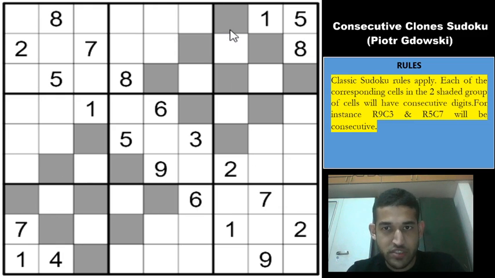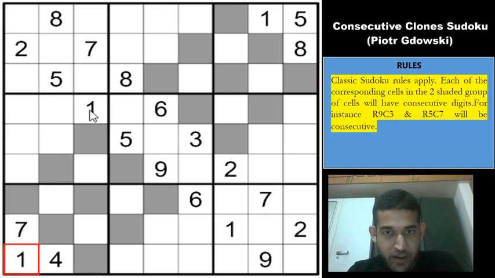So the rules state that the corresponding cells, meaning this cell corresponds to this cell, and this cell corresponds to this cell, and so on, will have consecutive digits. That's why they are called consecutive clones. Normally in clones you will have the same digits, but in consecutive clones these two cells won't have the same digits, but they will have consecutive digits. So with that we'll start solving the Sudoku now.